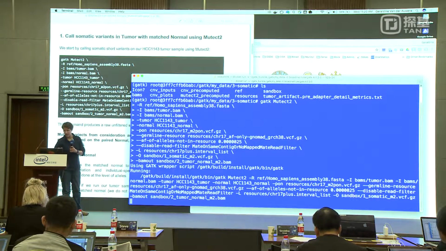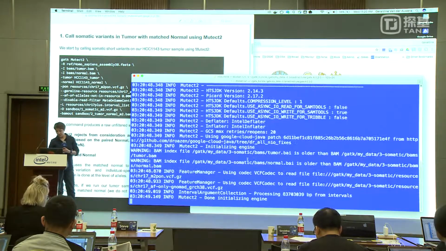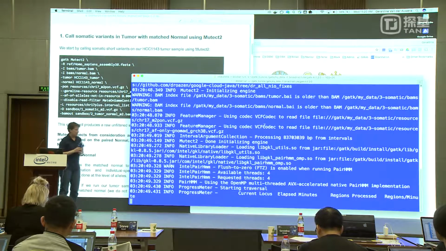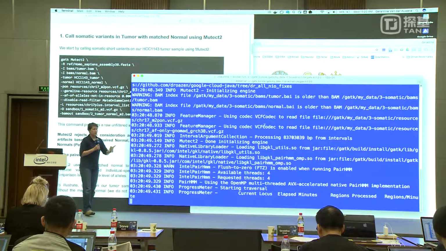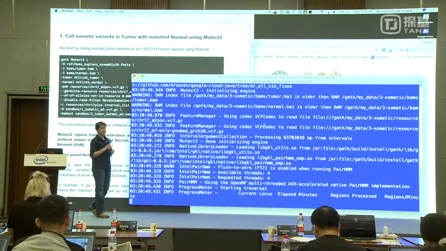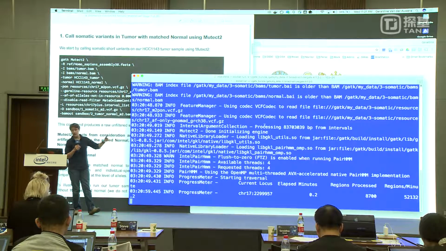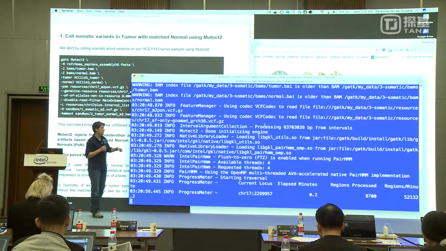Let's just run it. Okay? And so that's going to run for a little bit. This command is going to do a lot more work than we did yesterday for two reasons. One is that we're running on a lot more data. Now we're going to run this on just about a full chromosome's worth of data, chromosome 17.